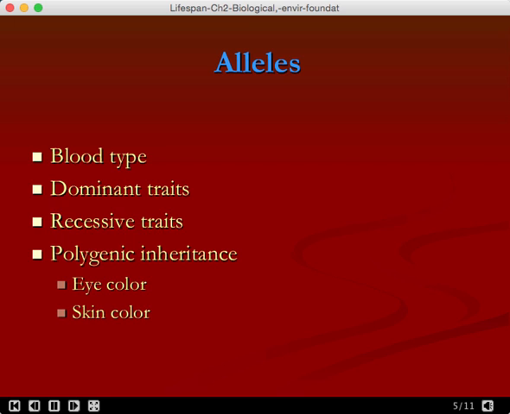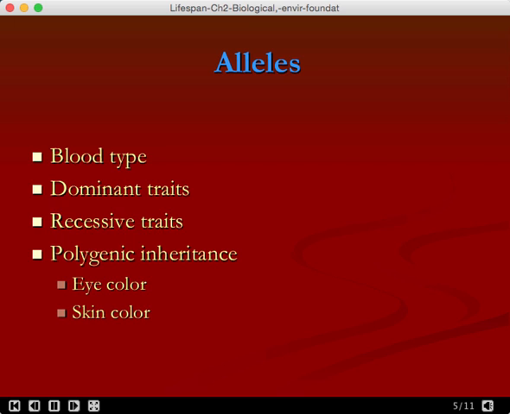Dominant ones for blood type are A and B, and they mask the presence of recessive ones, which is an O for blood type. 6 possible genotypes exist for blood type: AA, AO, BB, BO, AB, and OO. Only 4 phenotypes exist: A, B, AB, and O, because the recessive O gene can be masked by a dominant A or B.